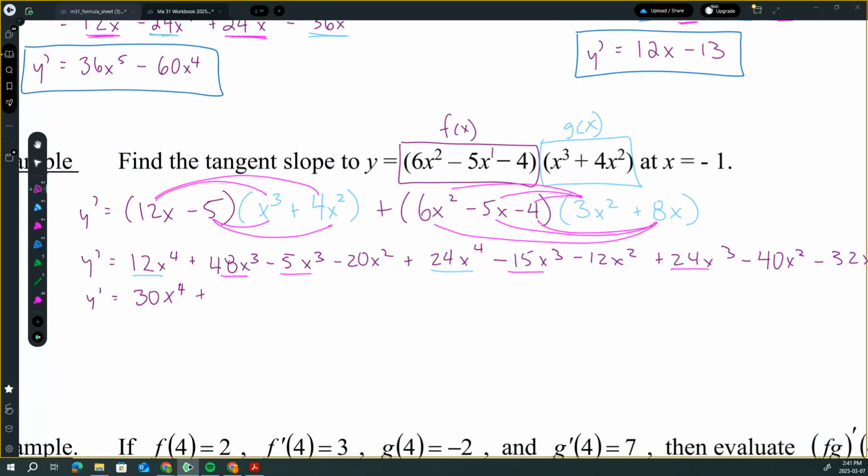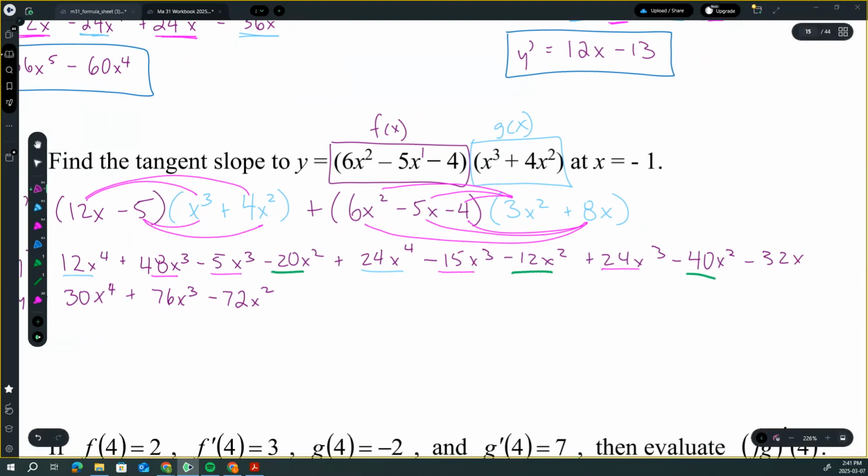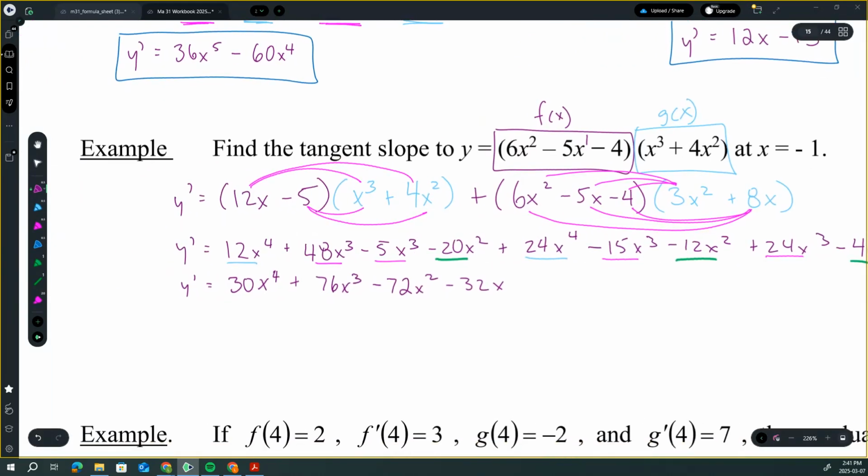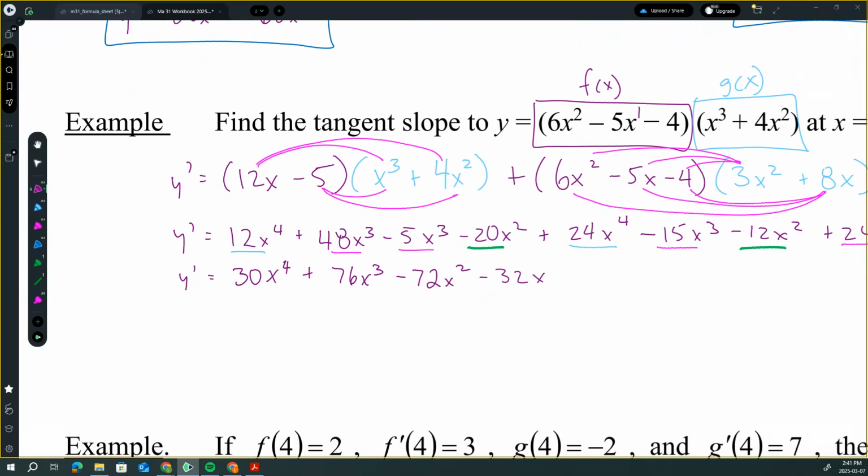All of those put together give us 52x cubed. And then negative 20x squared minus 12x squared minus 40x squared gives us negative 72x squared. And then minus 32x, because that's the only term with an x to the power of 1.